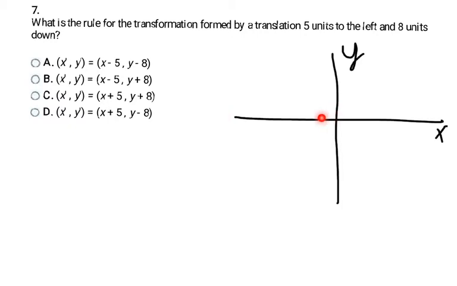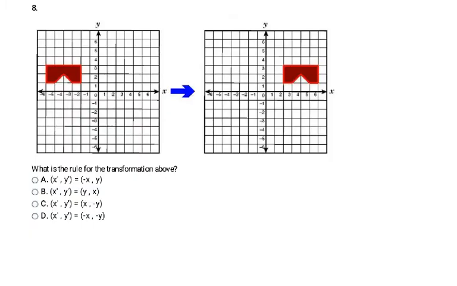So it's going to be a subtract 5. So you need to subtract 5 on your x. So that rules out C and D. And then your 8 units down, that's going to be along the y. So if you're going down, once again, you're getting more negative. So that's also going to be a subtraction. So your answer here is going to be letter A, because it has the subtraction on the y.